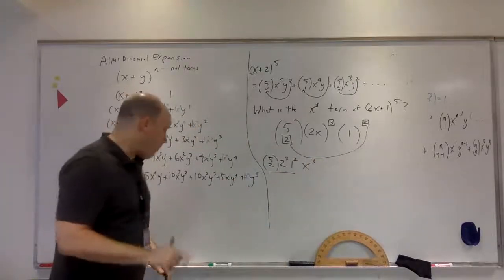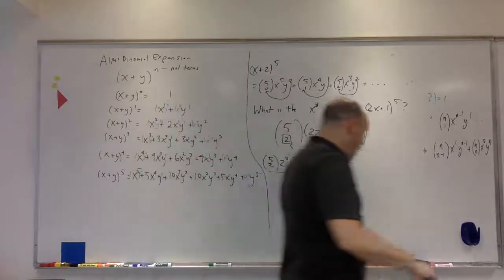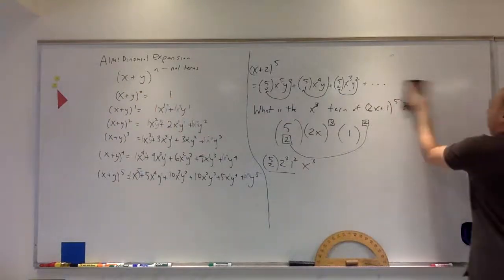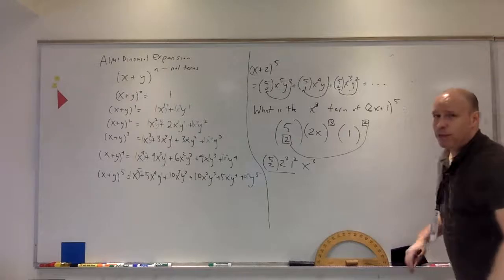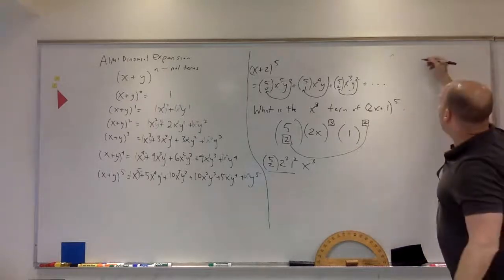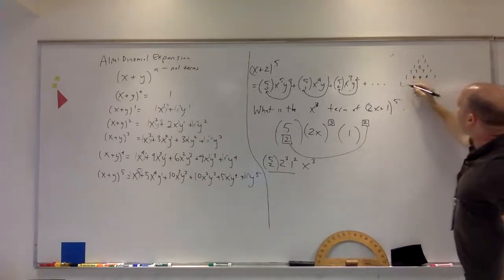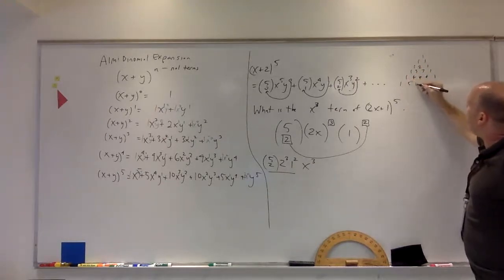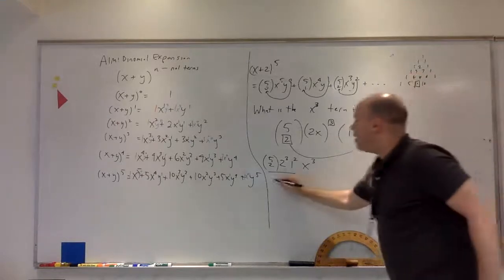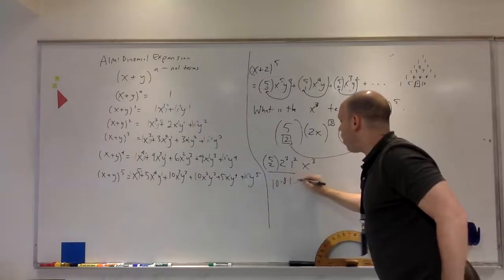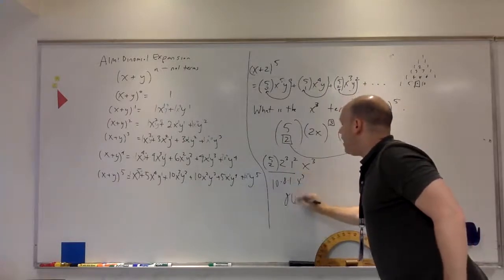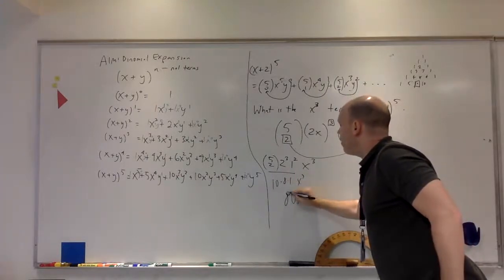Figure out what 5 choose 2 is. Personally, you can do it the long way, or use the cheat method: throw down Pascal's triangle. 1; 1, 1; 1, 2, 1; 1, 3, 3, 1; 1, 4, 6, 4, 1. 5 choose 0, 5 choose 1, 5 choose 2. There's my 10. 10 times 8 times 1 gives 80x to the third.